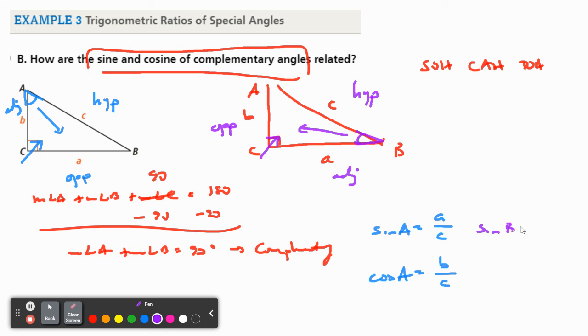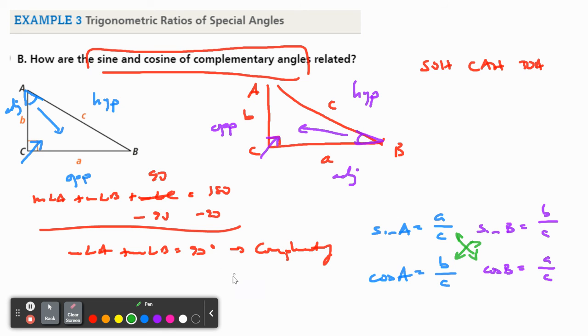So the sine of B is equal to the opposite side b over the hypotenuse c, and the cosine of B is equal to the adjacent side a over the hypotenuse c. And you notice that the sine of A, a over c, is the cosine of B, and the cosine of A, b over c, is the sine of B. So complementary angles, the sine of one equals the cosine of the other, and vice versa.